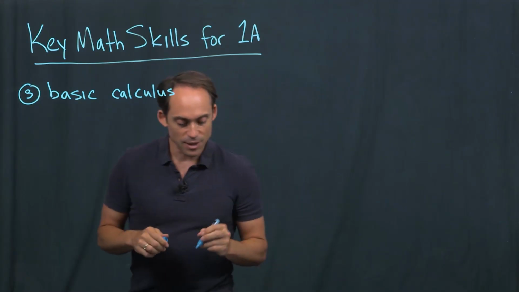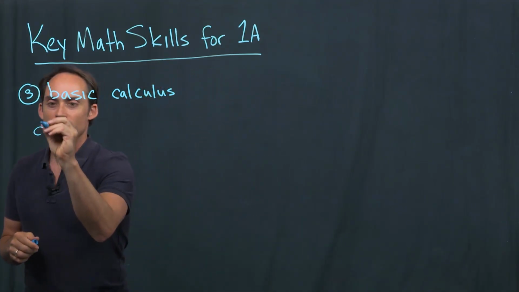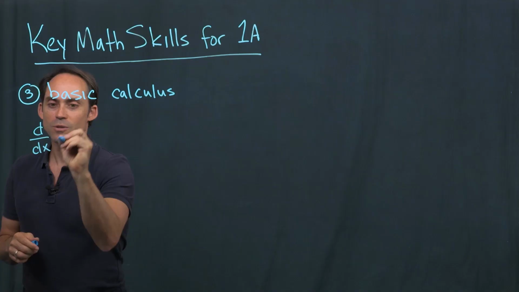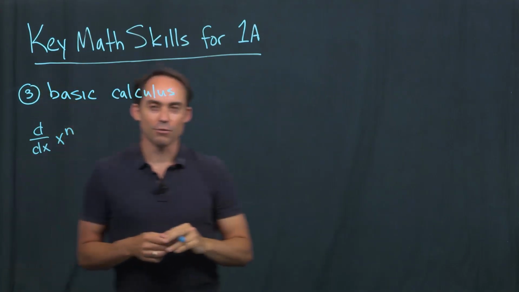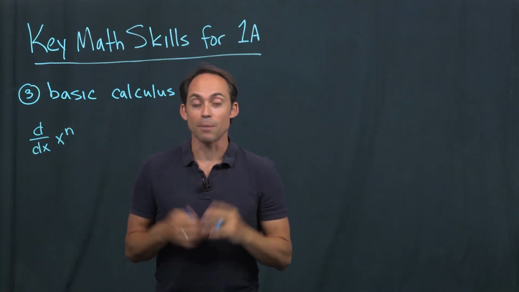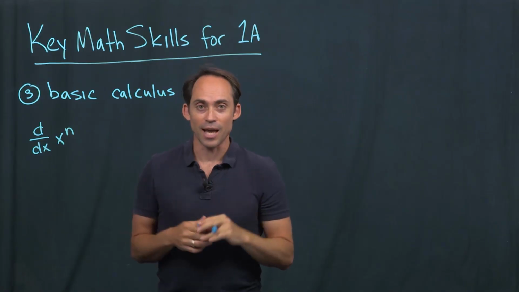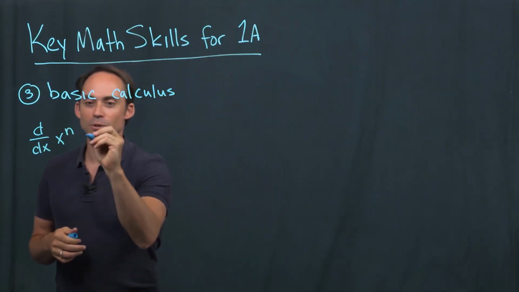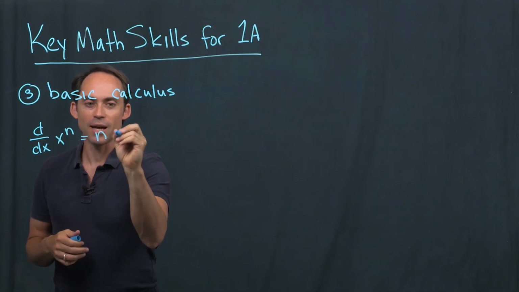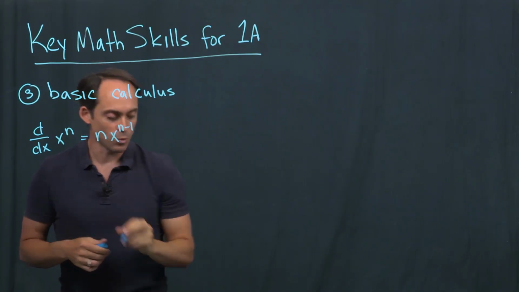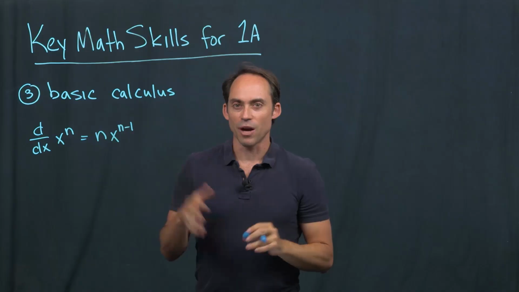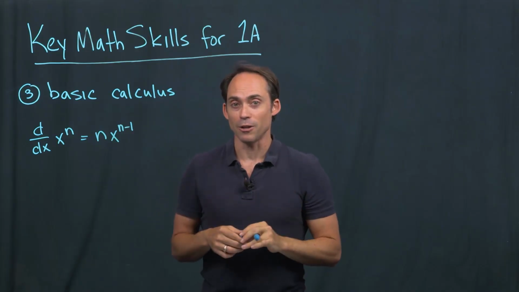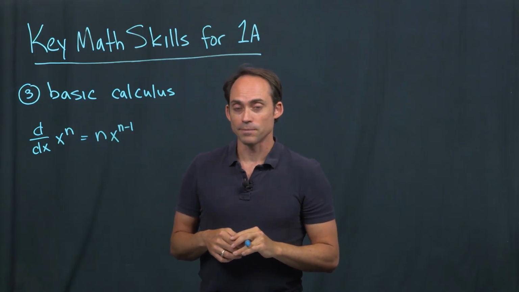So we'll often see relationships in polynomials. It's good to know that the derivative of x to some power n, and that n can be any kind of number, is just equal to n times x to the n minus 1. So the derivative of a polynomial reduces that polynomial by 1 power.